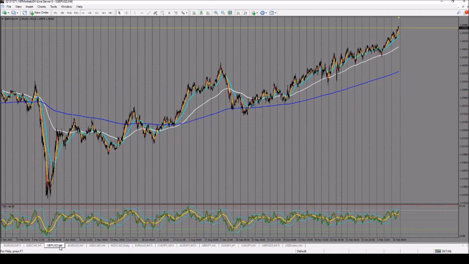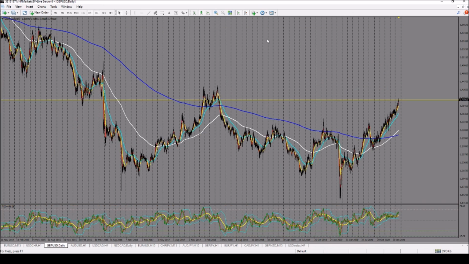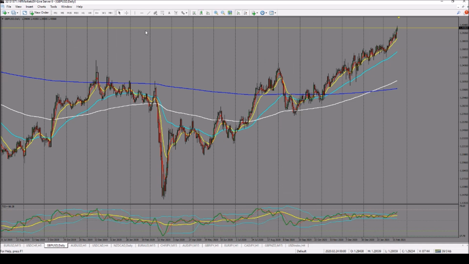Then on GBP against the dollar, we can see that on the daily time frame we had the first impulse from this point to this point, and some consolidation in between. Then from there we had the second impulse, meaning that we now had two levels of rise.